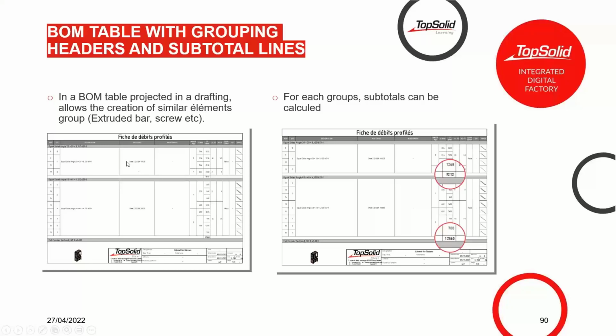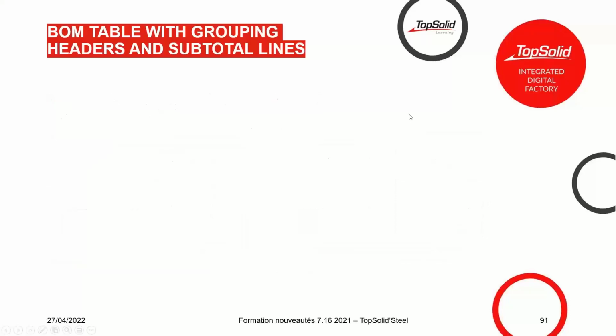If the description or designation is the same, it'll group them automatically like that. So I have a bunch of 1/4 by 2 inch long screws, and they're coming from different assemblies. I can now group them. For each of the groups, subtotals can now also be calculated. So you can have subtotals across the board on things. Kind of cool.